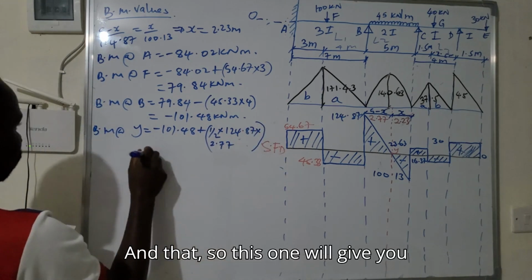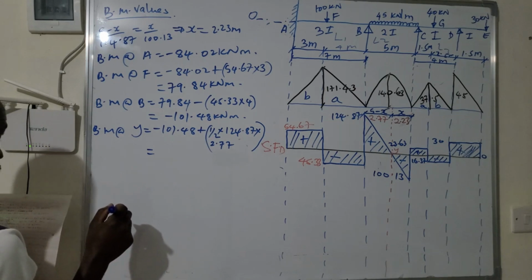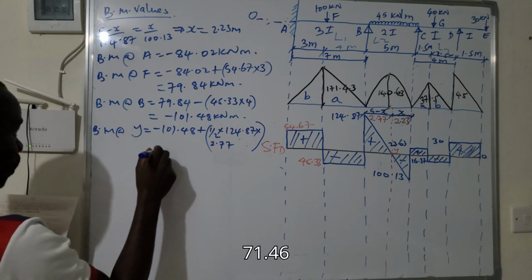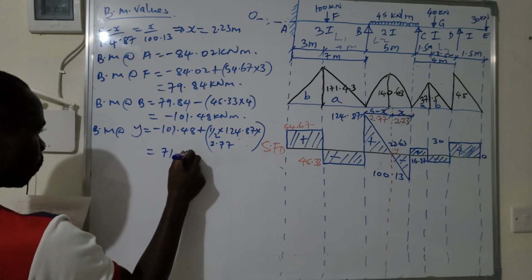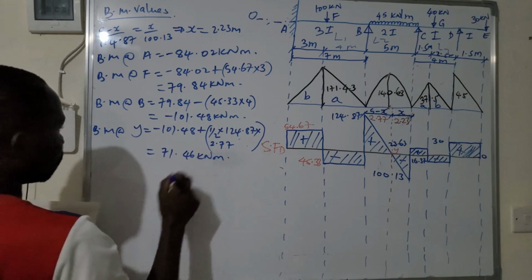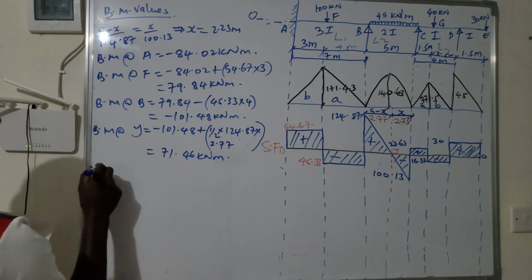Like that. So this one will give you 71.46 kilonewton meter.